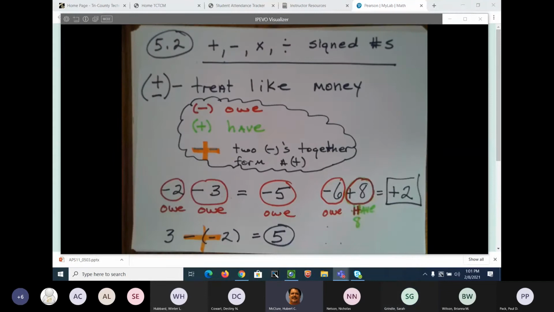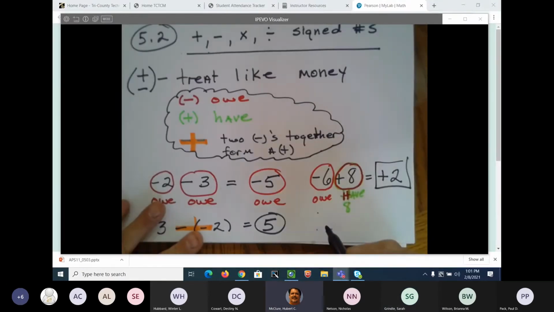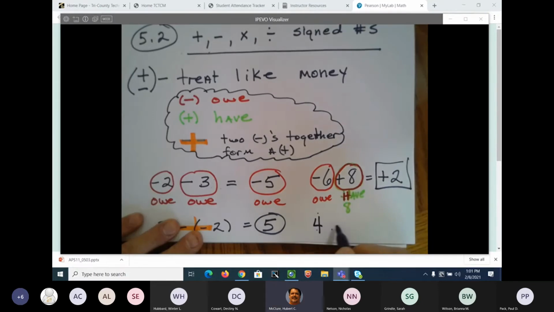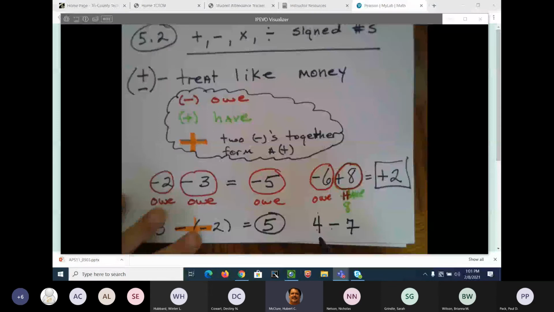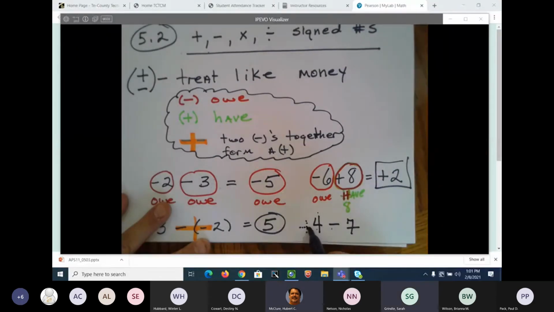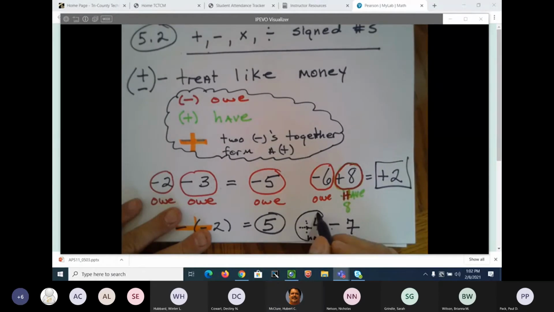Try one more. Let's switch these and make this a 4 minus 7. Well, this 4 doesn't have anything in front of it, so it's assumed to be a what? Assumed to be a positive. It doesn't have anything in front of it. So that means you have 4 and you owe 7.